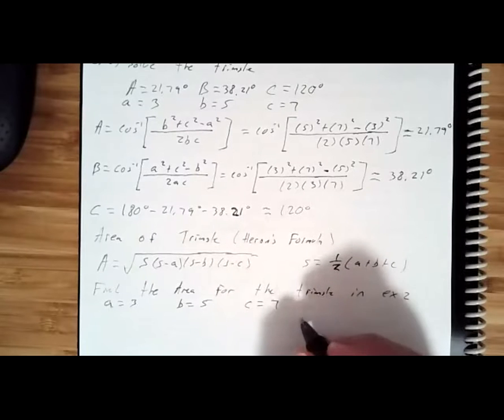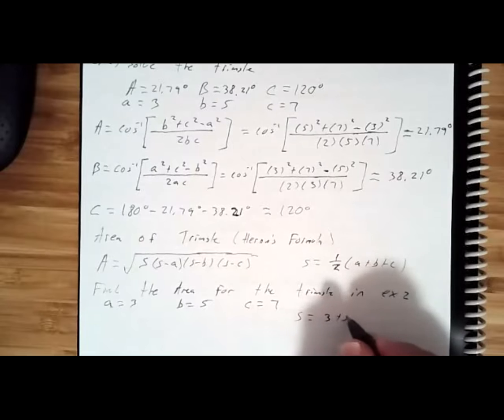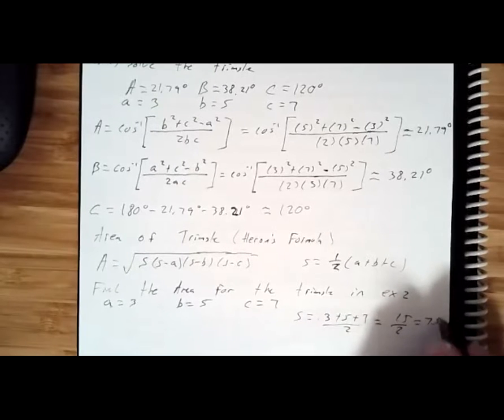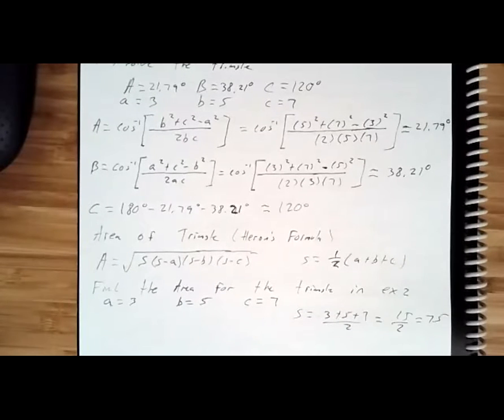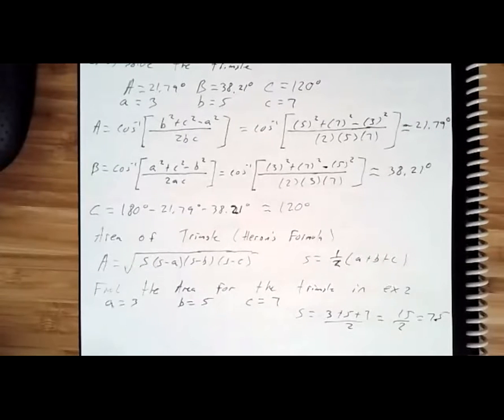So we're going to need s. So s is equal to 3 plus 5 plus 7 divided by 2, which is 15 over 2, right? 7.5. Okay.